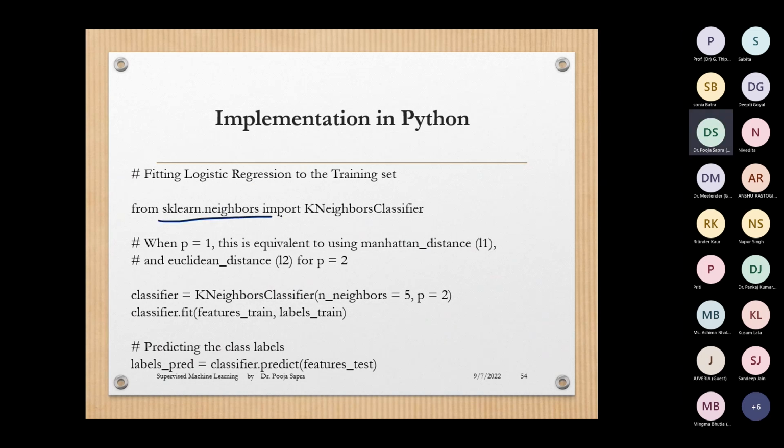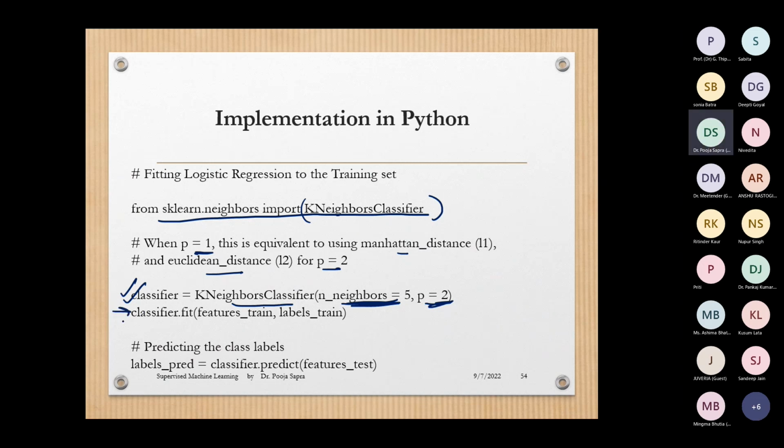When we are fitting this, we are importing the KNeighborsClassifier. P equal to 1 means Manhattan distance, and P equal to 2 means Euclidean distance. So when I have a constructor, I would pass the neighbors and then the method of calculating distance, right?